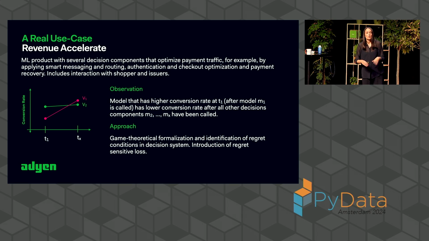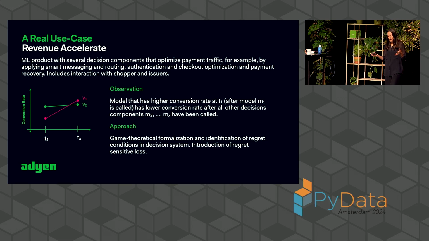This is a complex machine learning product that holds several expert decision components with the goal to optimize payment traffic, for example, by doing smart messaging, smart routing, optimizing authentication, checkout optimization, and also payment recovery. And it's also a complex system where we have interactions with shoppers, issuers, card schemes, and so on.